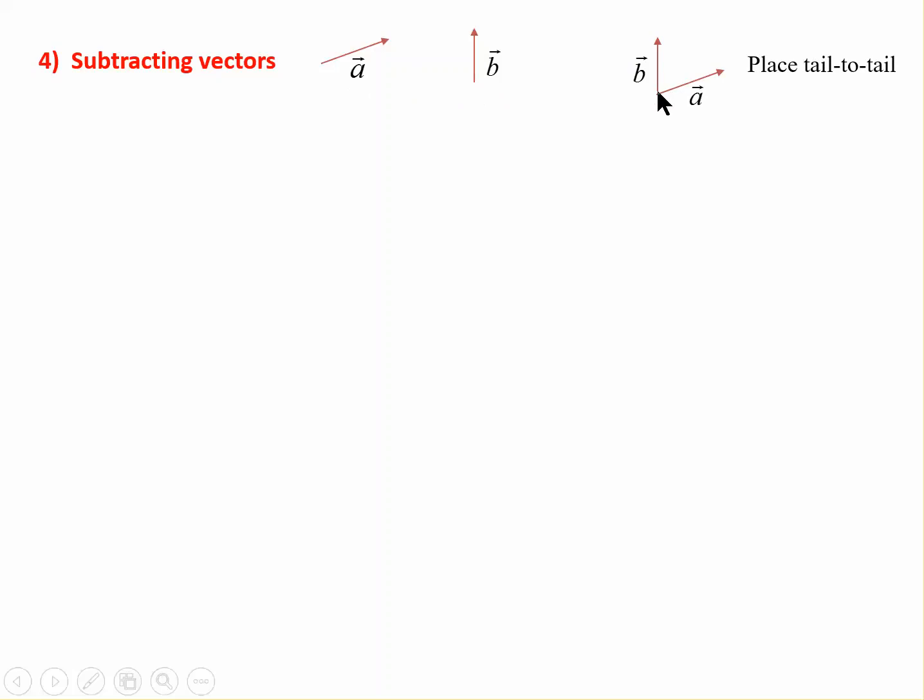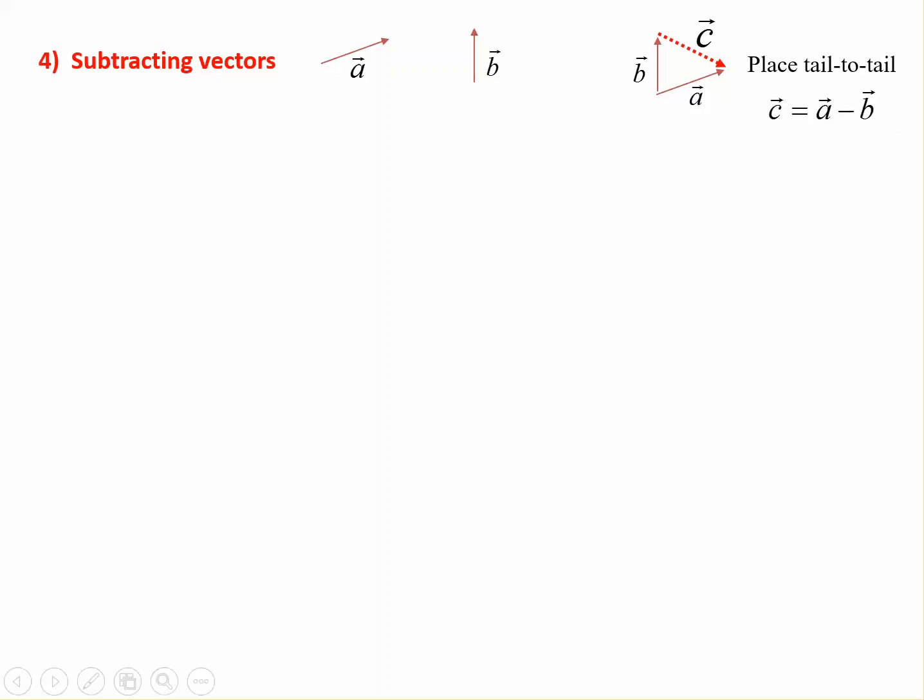And suppose I want to form the vector A minus B. That's what I want to compute, A minus B. So I draw an arrow from B towards A, as shown here. And this red dashed arrow, which I've labeled C, represents the vector A minus B. That's how we define the subtraction of two vectors.